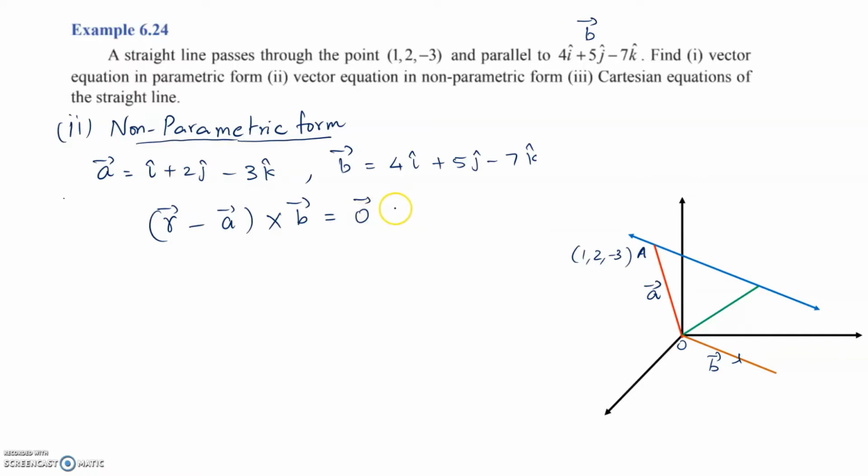So now let's substitute the values of A and B. You get (R vector minus (i cap plus 2j cap minus 3k cap)) cross vector B, which is equal to the zero vector.